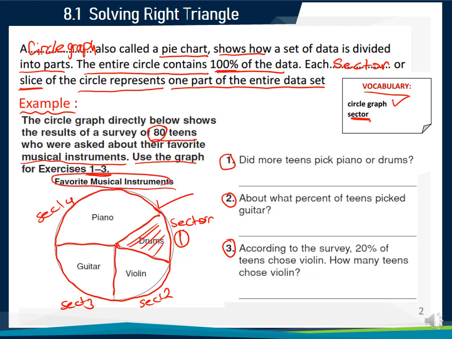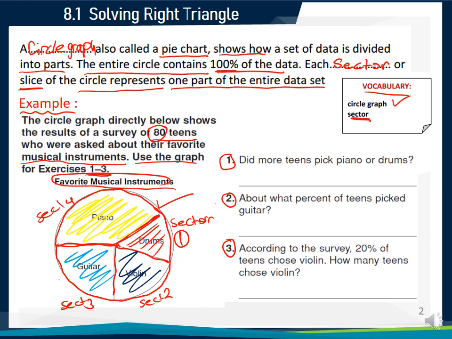Now, in here we have this sector, which is piano. I'm going to change the color. This part is piano, and the next part is guitar, then violin, and this part is drums.